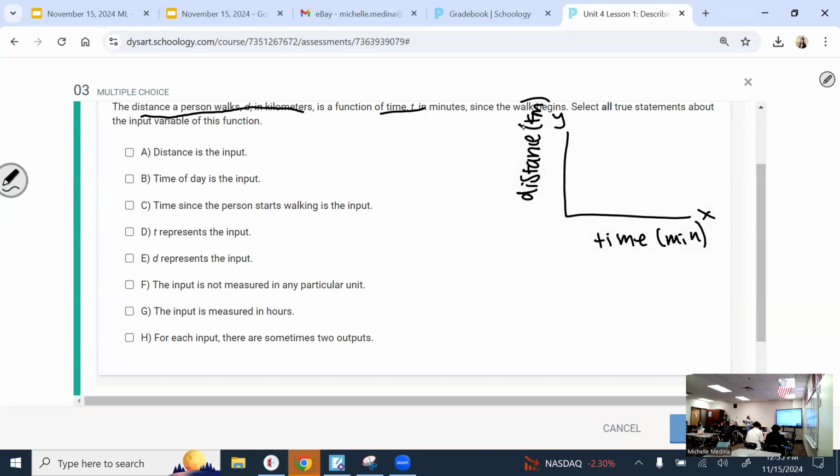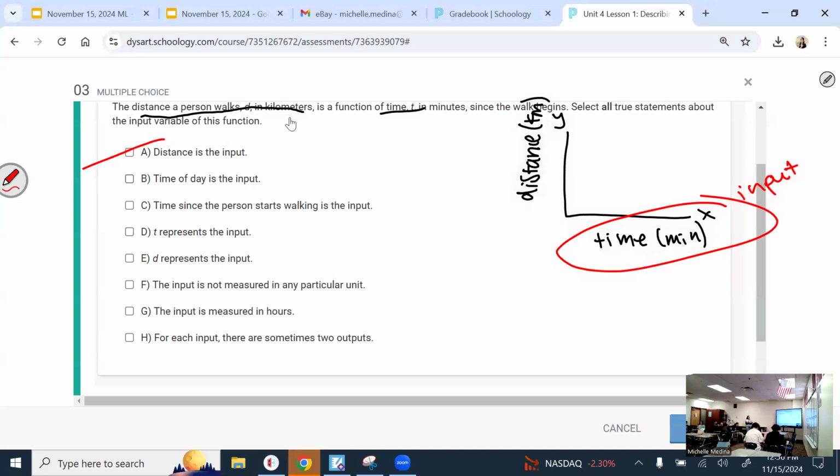All right, so then it said select all true statements about the input variable. Input is your X value or your Y value. Okay, so we're answering questions about the input variable, which is our X. All right, so distance is the input, true or false? So don't pick that one.